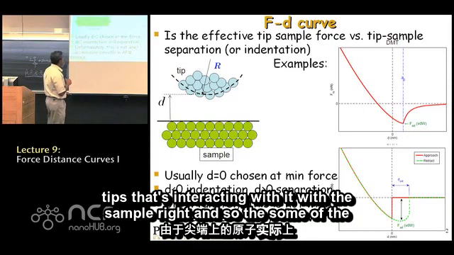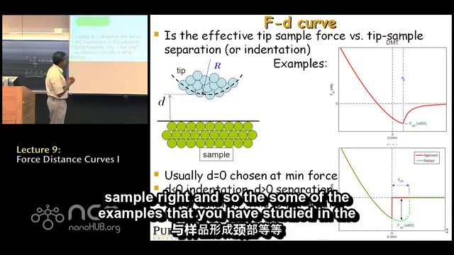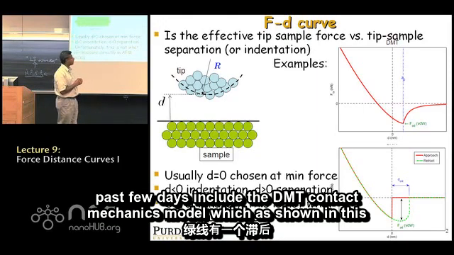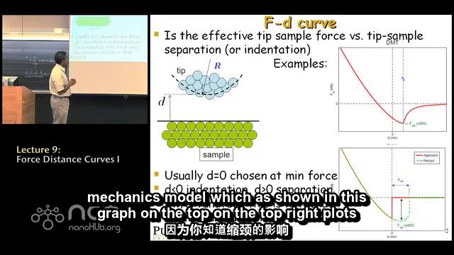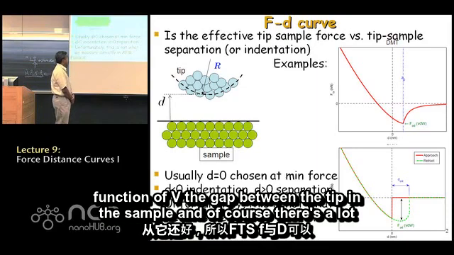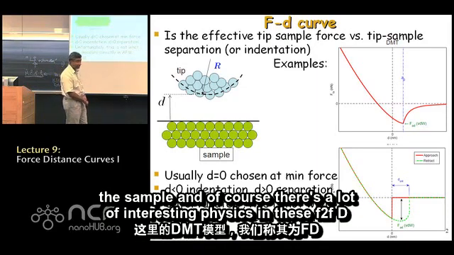Some of the examples that you've studied in the past few days include the DMT contact mechanics model, which, as shown in this graph on the top right, plots the tip-sample interaction force as a function of D, the gap between the tip and the sample. There's a lot of interesting physics in these FD curves.